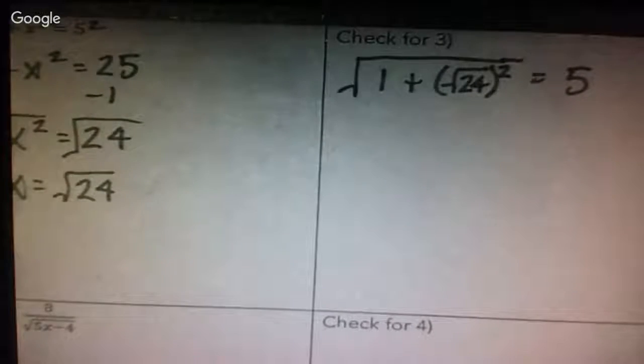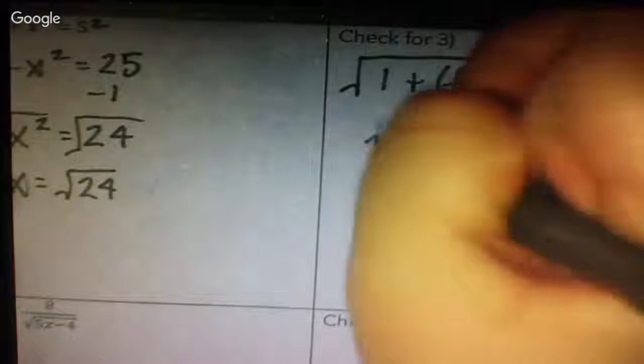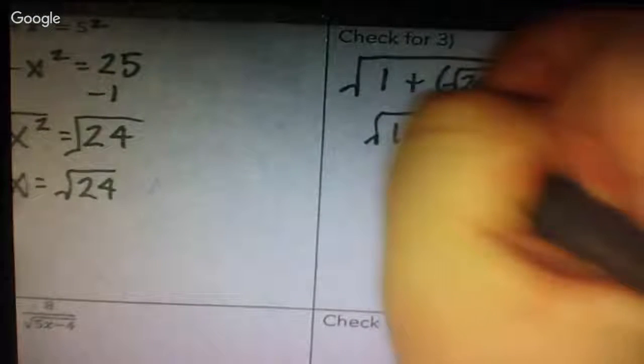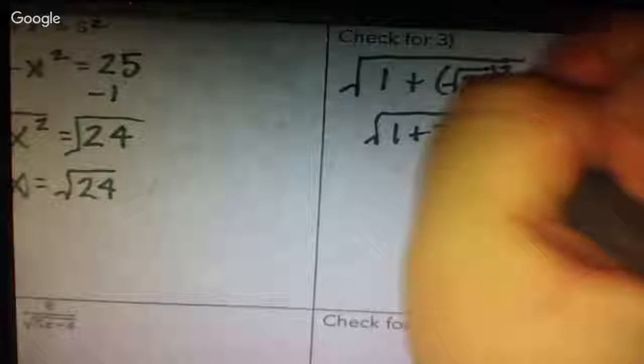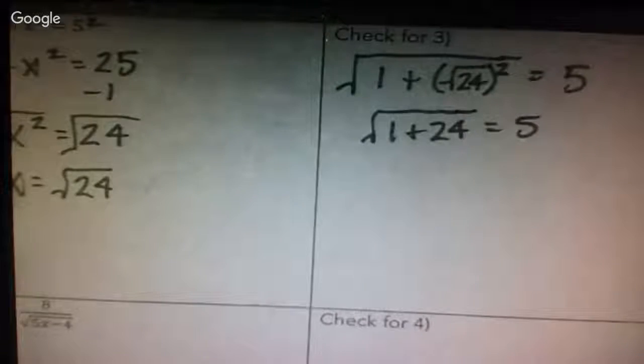When I plug in the square root of 24 and then I square that, what's that leave me with? 24. That square and that square root canceled each other out. So I actually have the square root of 1 plus 24. Equals 5?